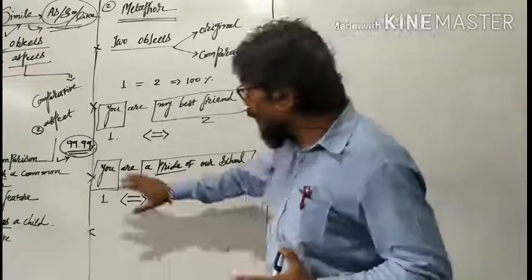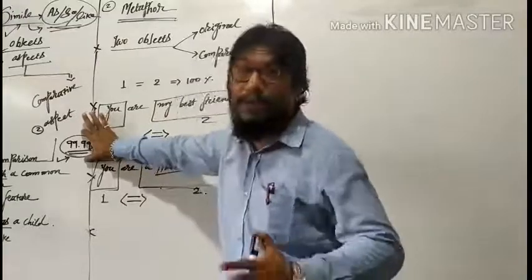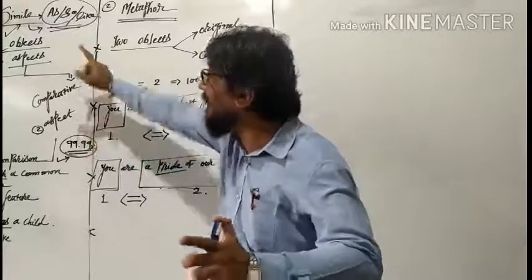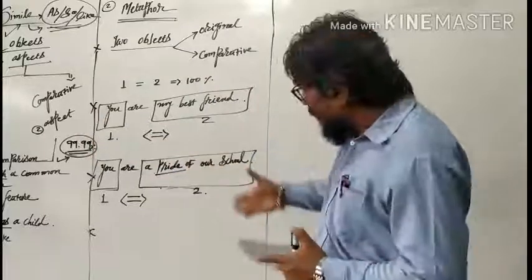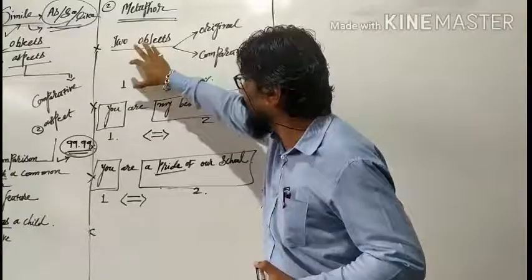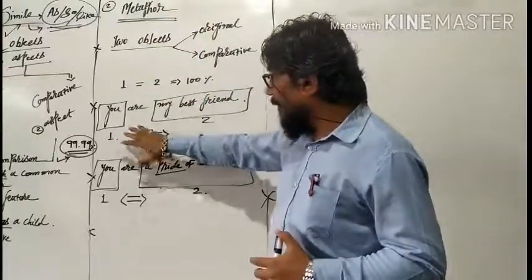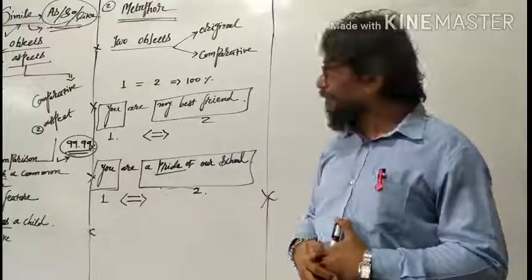I told you that the equality would be up to 99.99 in simile. Here it is 1 is equal to 2, 2 is equal to 1. We will move ahead with the example.